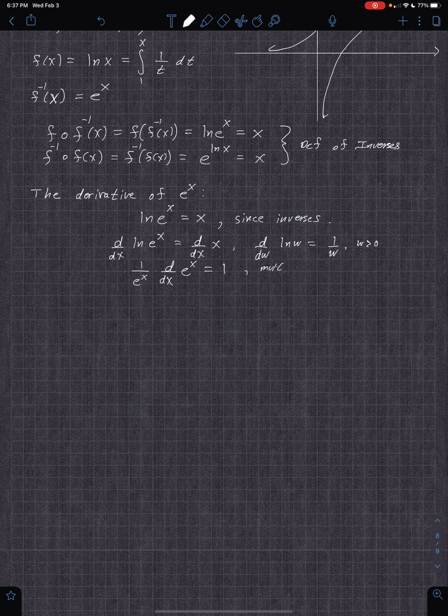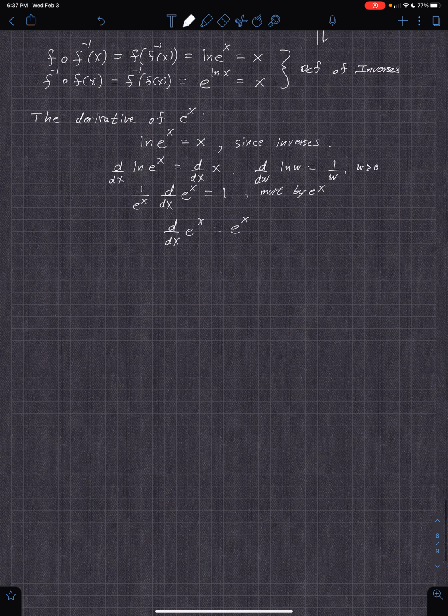Okay, so then just solve. Multiply by e to the x. When you do that, that's gone, and it tells you what the derivative is. So then you get d/dx of e to the x is equal to e to the x. So the derivative of e to the x is e to the x. Okay, so don't ever forget that.